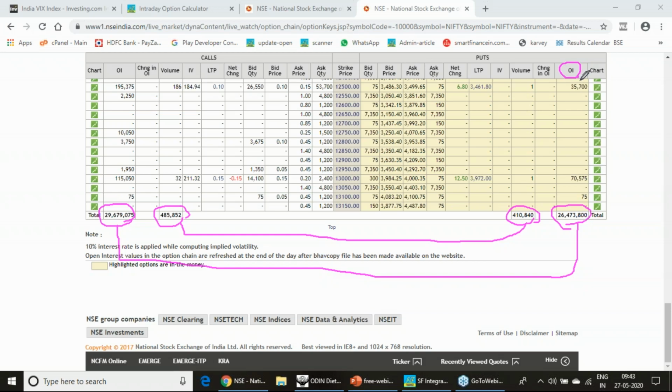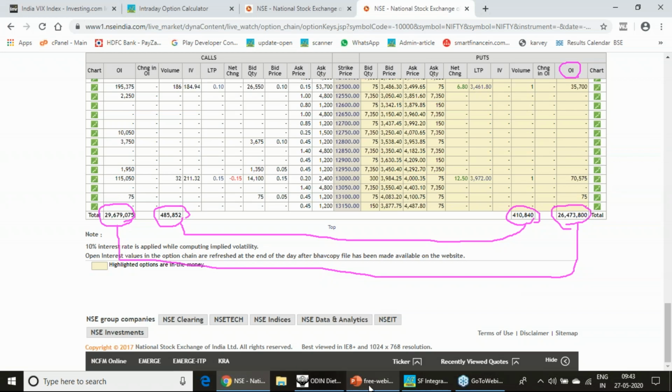So once again, I will repeat: the put call ratio of open interest will give you the clue about future trend action. The put call ratio of the traded volume of calls and puts will give you the clue about call writing or put writing.